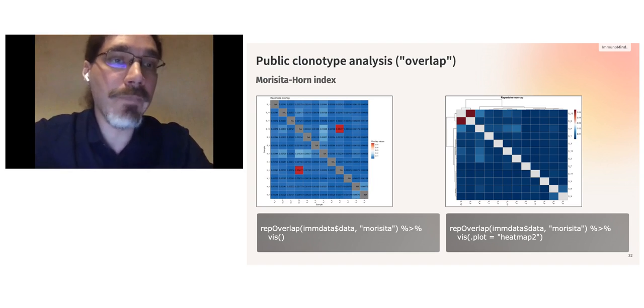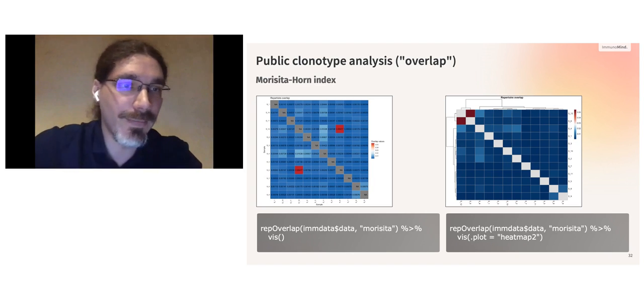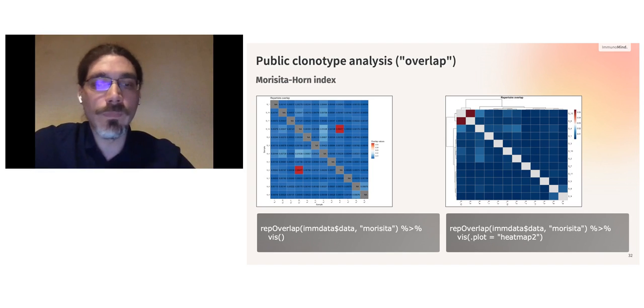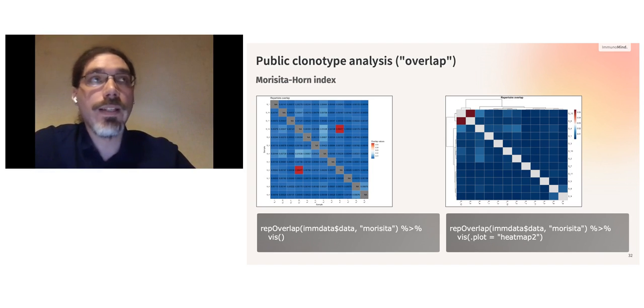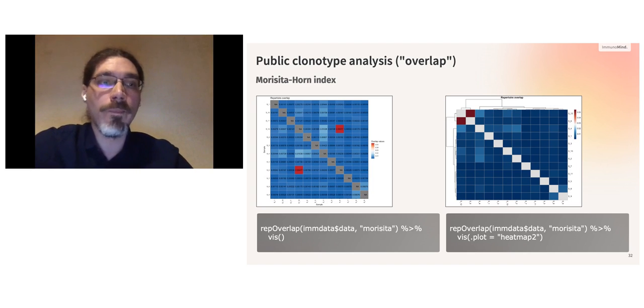The Morishita-Horn index didn't find anything except this very strange anomaly of two samples. And that means that this cluster we discussed on the previous slides, the clonotype repertoires, they're similar in terms of overall clonotypes, but they are not similar in terms of distribution, in terms of abundance of these clonotypes.